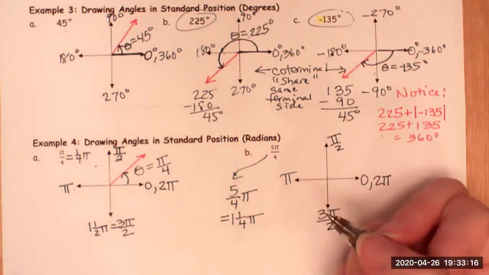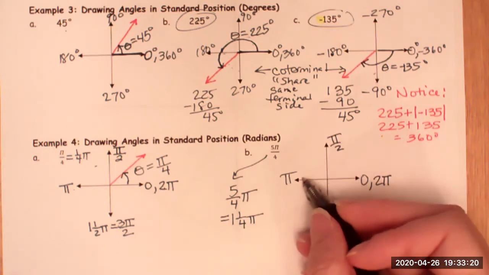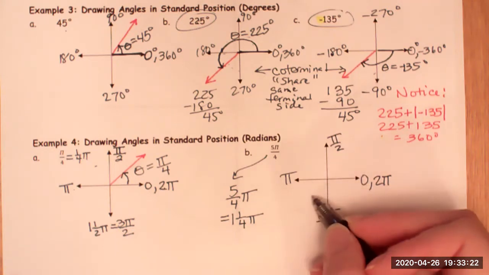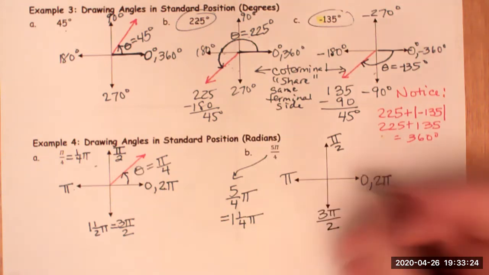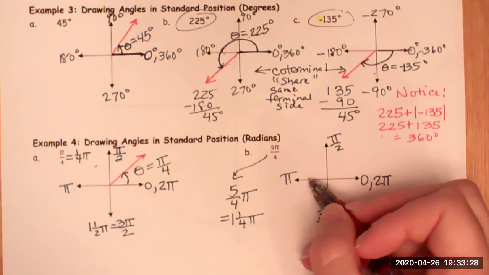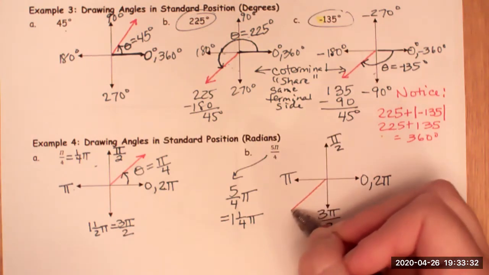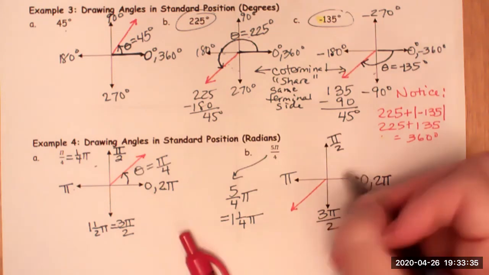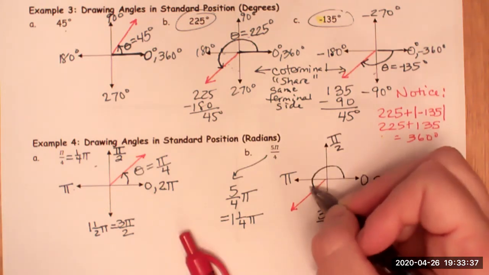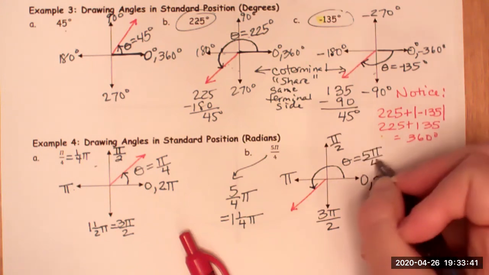So what we're saying is we're traveling 1 pi plus 1/4 of pi. So if we think about that logically, pi plus 1/4 of the way across would be right here. So here we have our measurement. Theta equals 5 pi over 4.